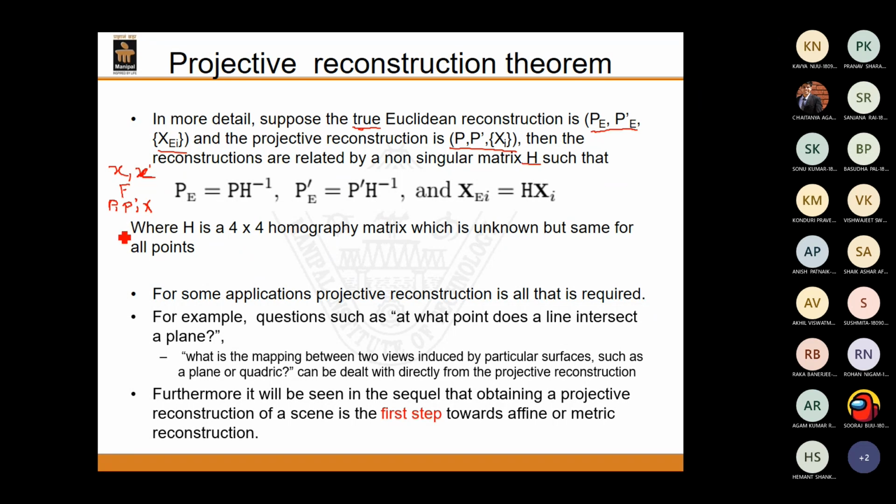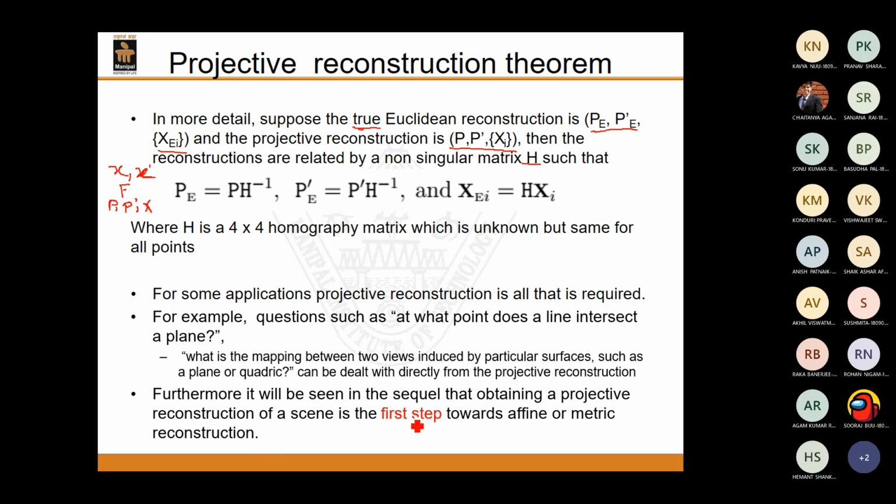As I said earlier, when it comes to reconstruction ambiguity, there needs to be some extra information in order to transform from the projective space to the affine space, or to convert from the projective space to the Euclidean space. What that extra information is, we'll see later.